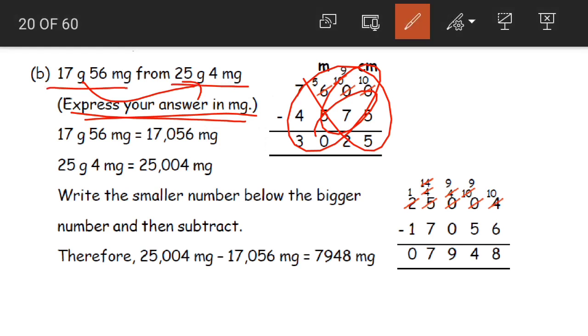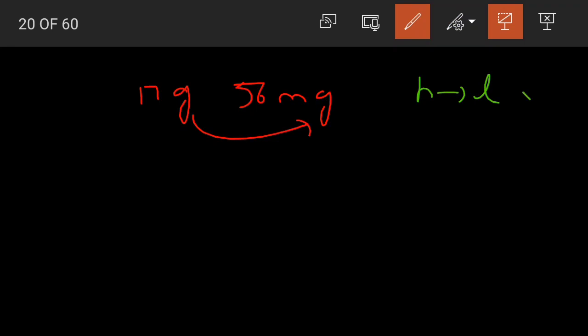So what should we do? First we should convert both the terms entirely into milligrams. 17 grams 56 milligrams. We are converting grams into milligrams, a higher unit into a lower unit. So we'll multiply. We need to multiply by how much children? 1 gram is equal to 1000 milligrams.